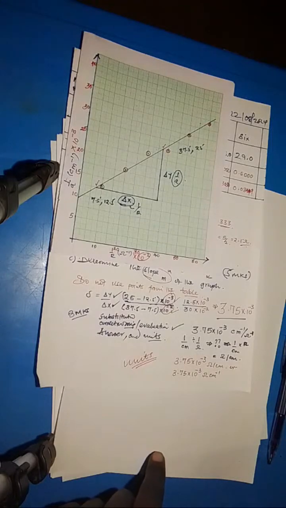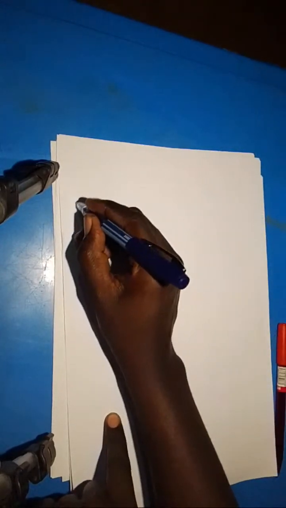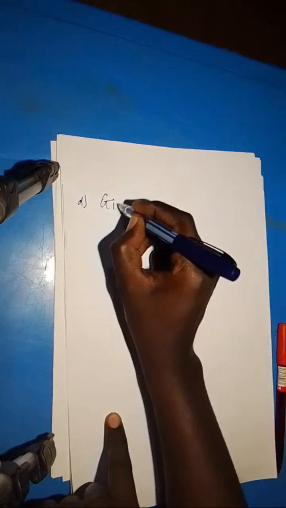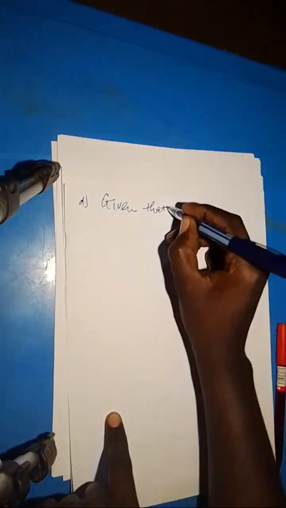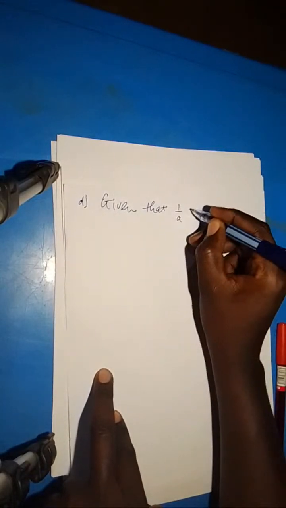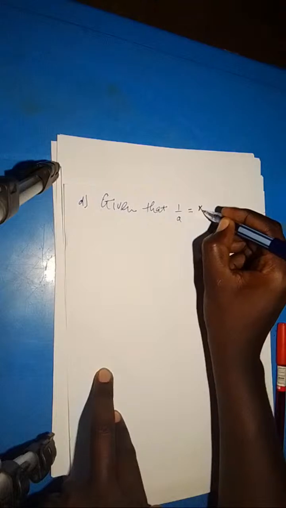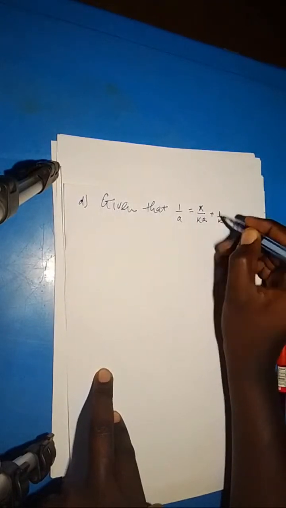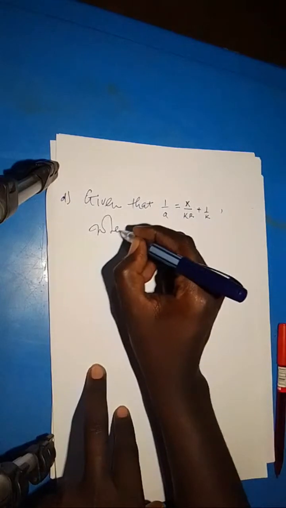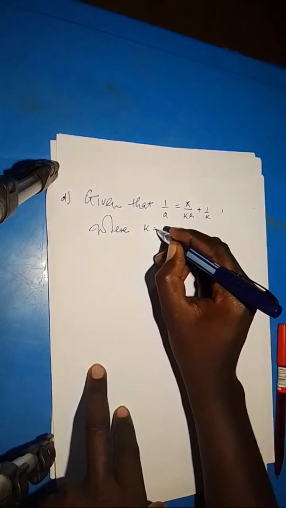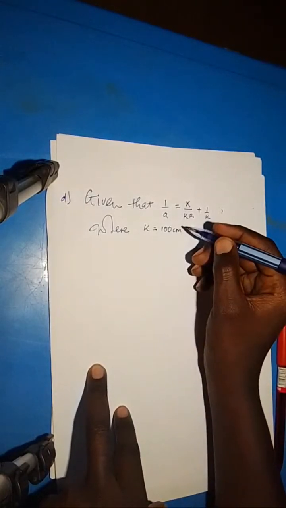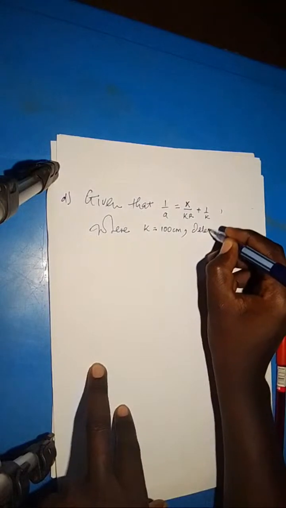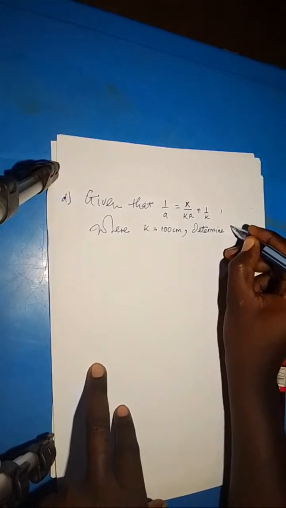Therefore, now the next question will be, given that 1 over a is equals to x over kr plus 1 over k, where k is equals to 100 centimeters, then determine x.